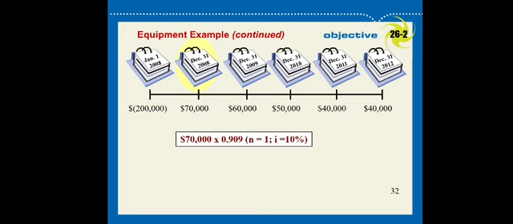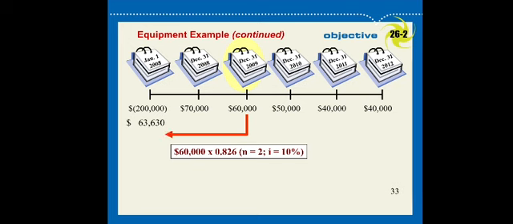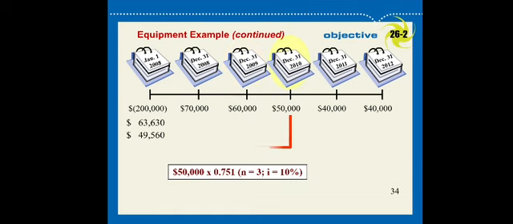If you draw the timeline, the investment is 200,000, in the year 2008, January 1st, and then the cash from the investment is 70,000, 60,000, 50,000, 40,000, and 40,000. So if you have to use the net present value method, this is what you have to do. You have to calculate the present value of cash for every year.